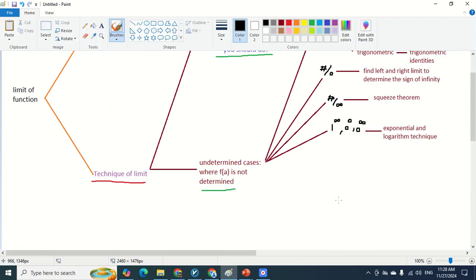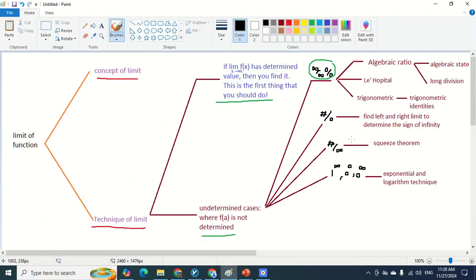If we return to our diagram, we just talked about the first branch of this diagram, meaning the algebraic ratio, where we should use an algebraic identity, or long division, or for trigonometric functions, apply the trigonometric identities. L'Hospital's rule should also be considered after the discussion of the derivative.